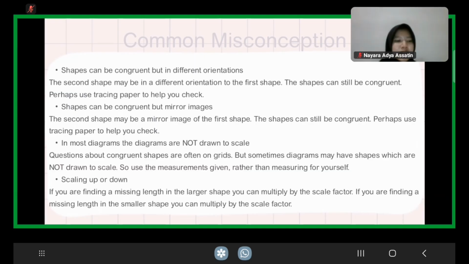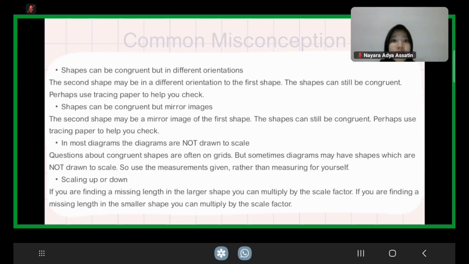Third, in most diagrams, the diagrams are not drawn to scale. Questions about congruent shapes are often on grids, but sometimes diagrams may have shapes which are not drawn to scale. So use the measurements given rather than measuring for yourself.